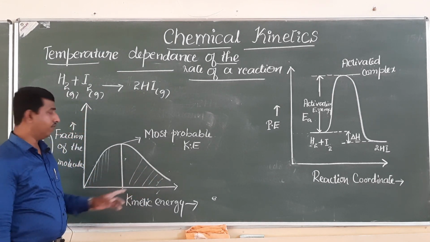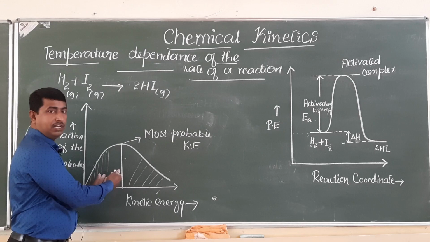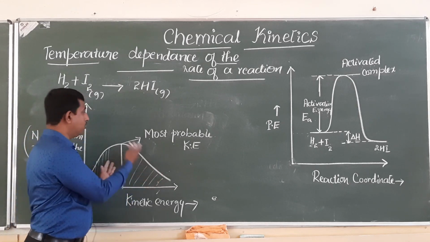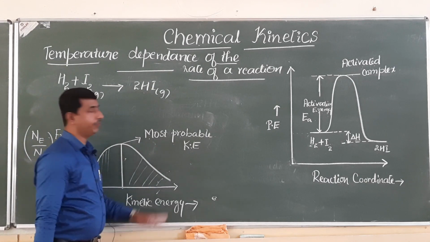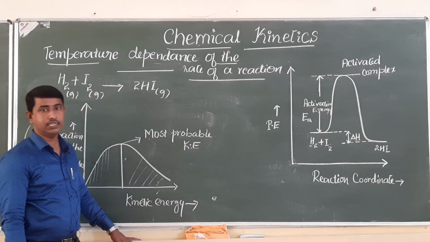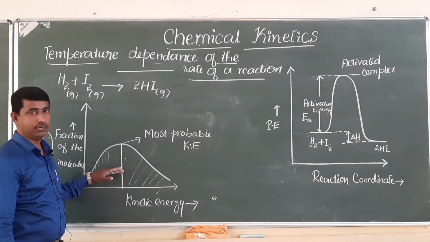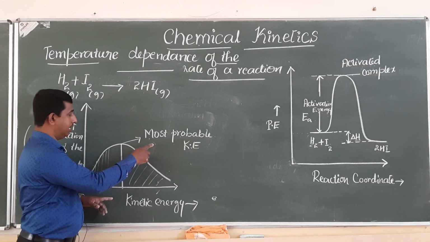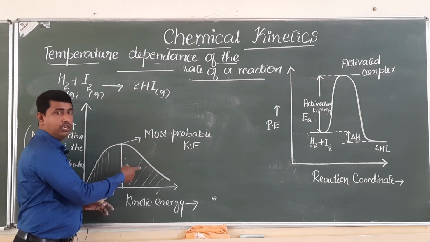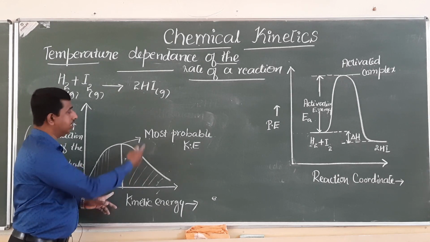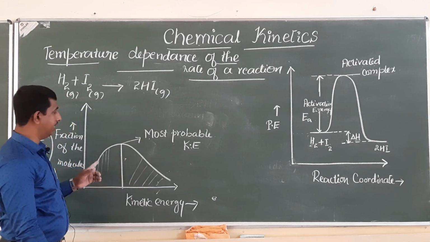So, some of the molecules have lesser energy, some have higher energy, and most of the molecules have the maximum energy, which is called the most probable kinetic energy. Hope it is clear. There are some molecules with lower as well as higher energy than the most probable kinetic energy.